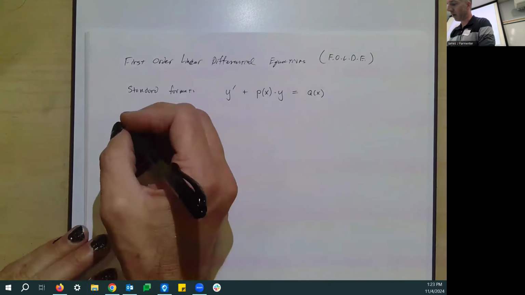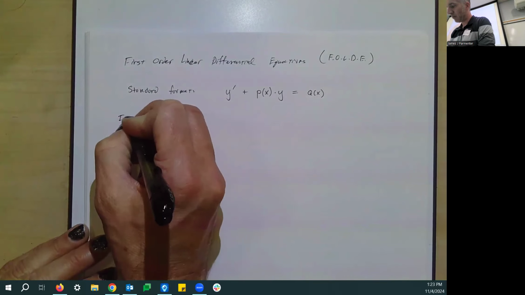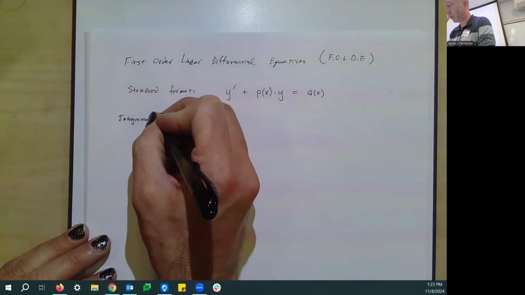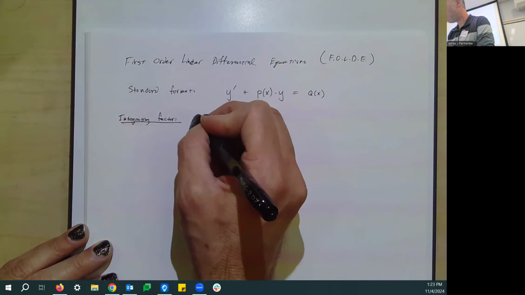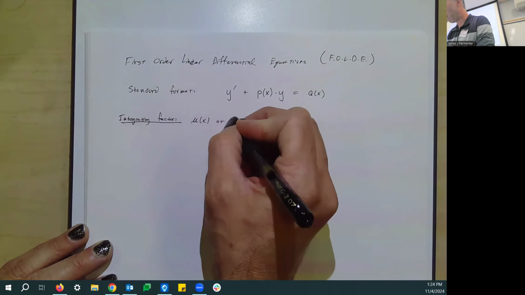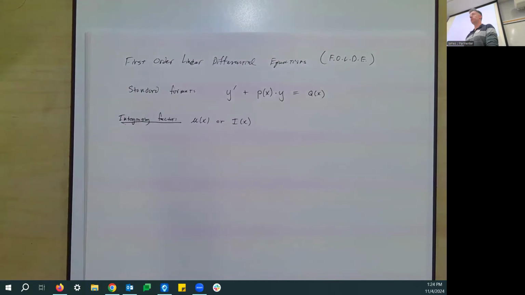Typical names for the integrating factor: people either call it mu of your variable or capital I of your variable. I prefer mu because it's the right way, but I is a perfectly fine choice.